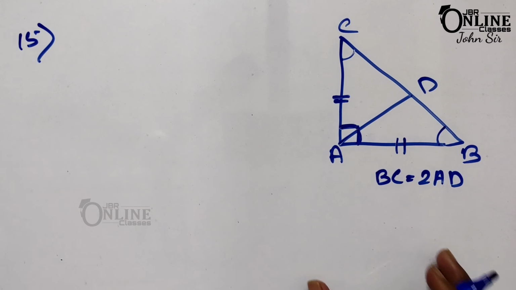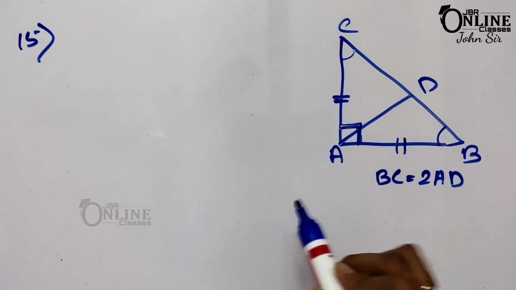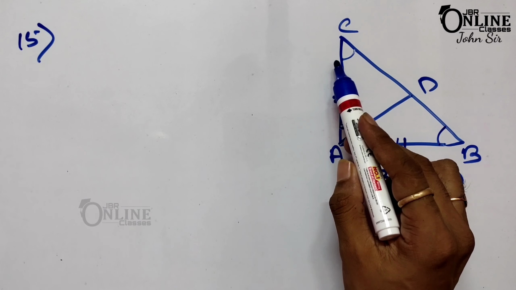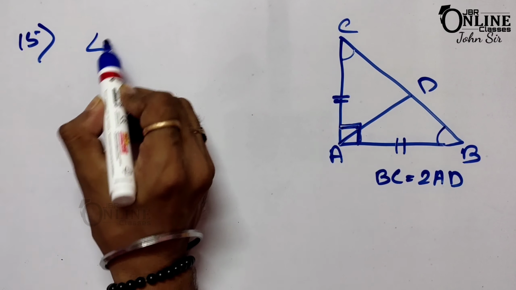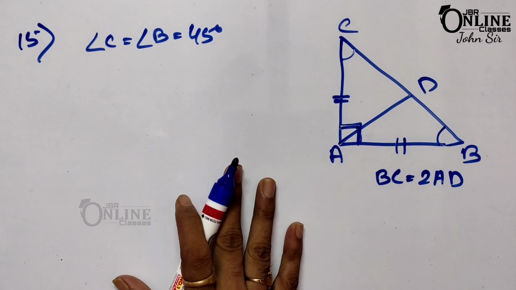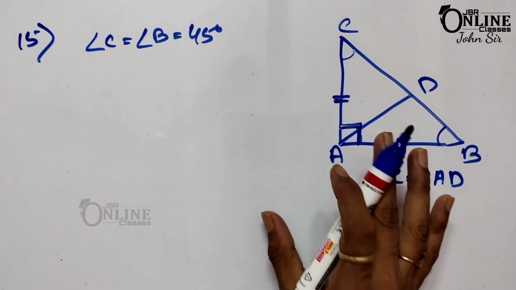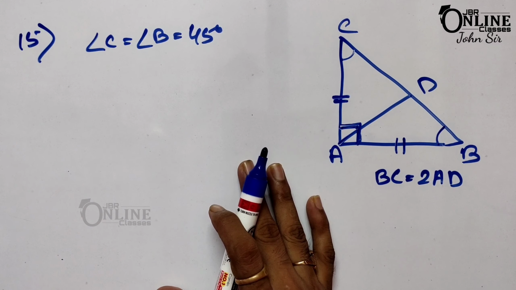Now as this one equals 90, then definitely angle C and angle B equal 45 degrees. Clear? Because AC and AB are equal, that means it is an isosceles right angle triangle.